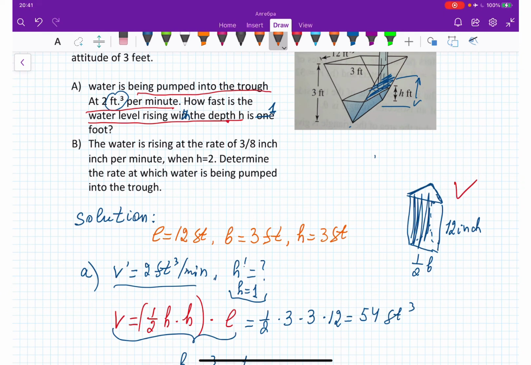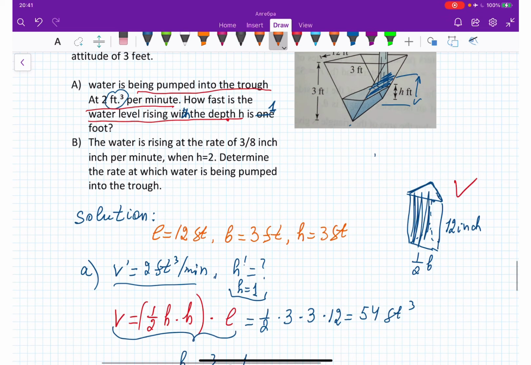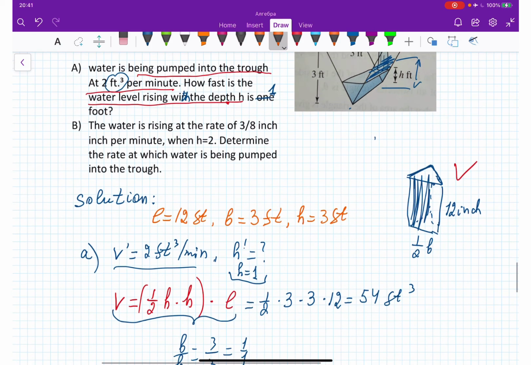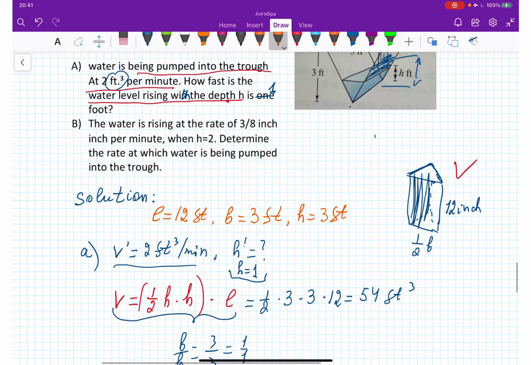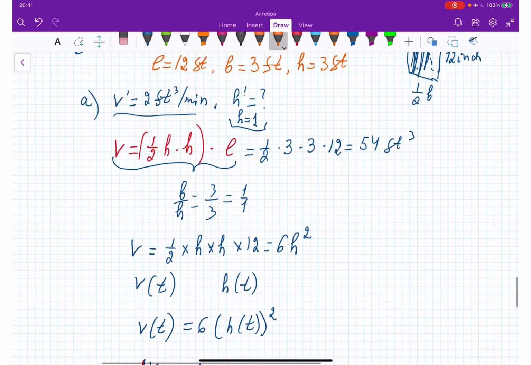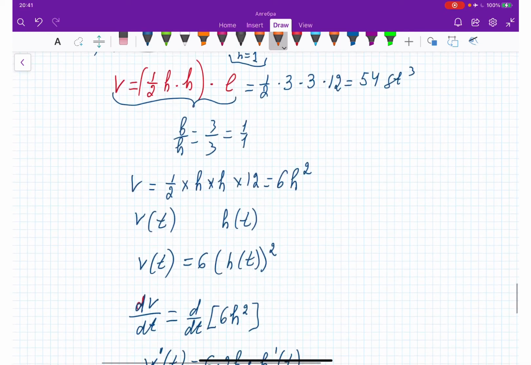The water is rising at the rate of 3/8 inch per minute. So water is rising, that's the height, right? It's going to be h prime or dh/dt, right? 3/8 inch, yeah.